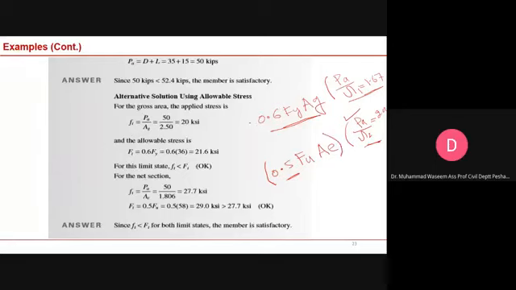So basically, what you see there, 0.6 Fy into Ag and 0.5 Fu into Ae, this formulation has been used there.